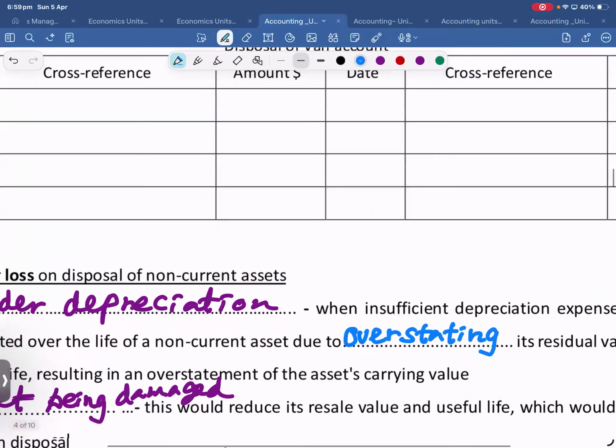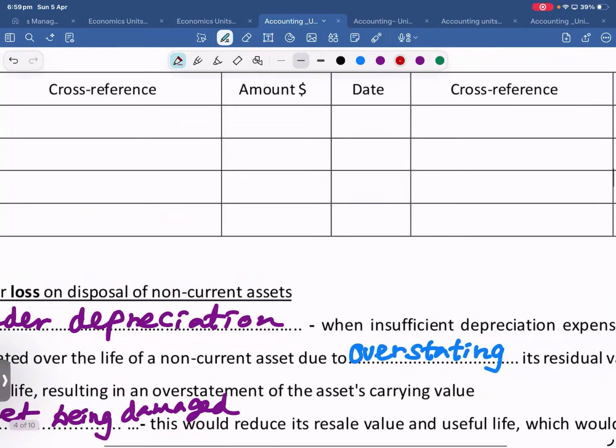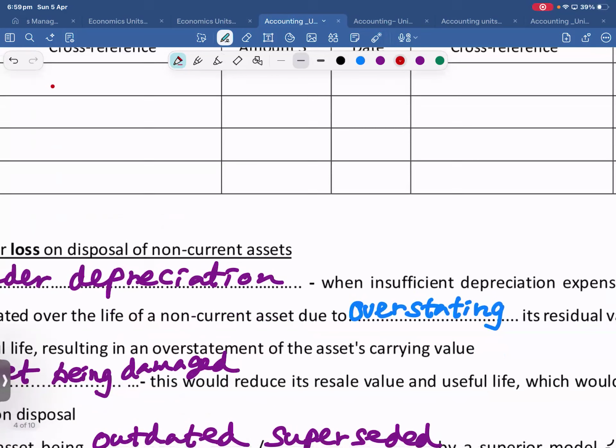How do we calculate the profit or loss on disposal? Selling price, yes. You compare it with the carrying value. You compare selling price and carrying value.